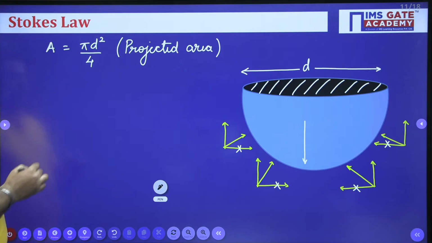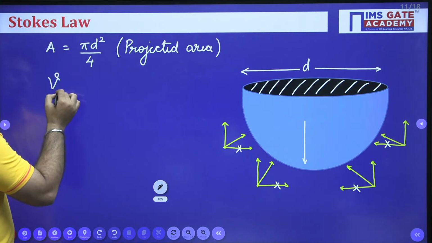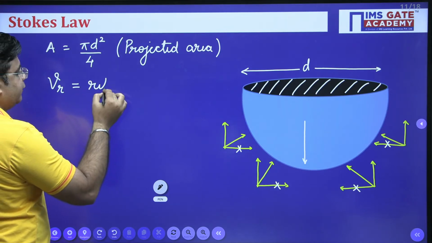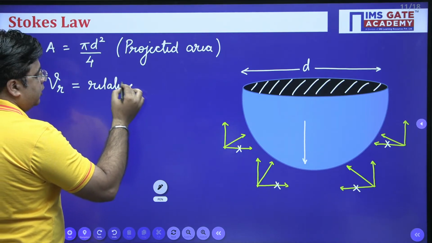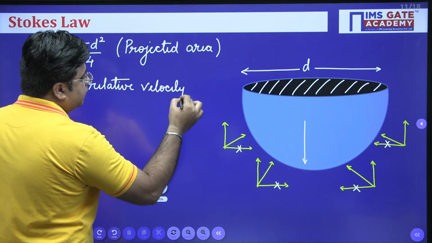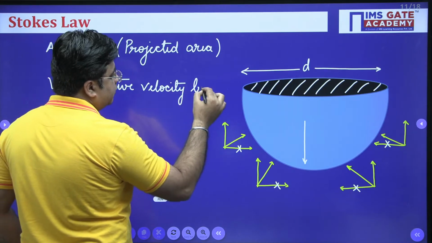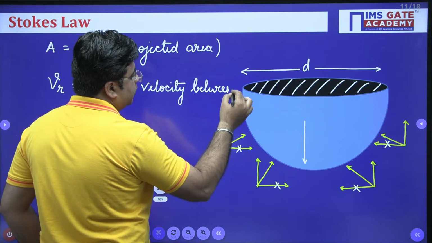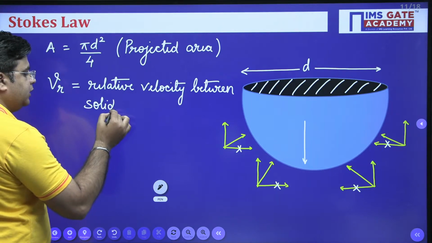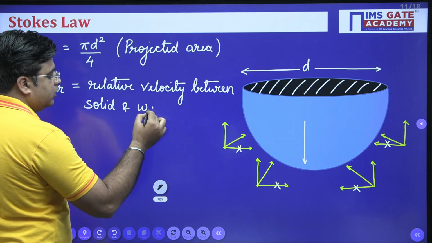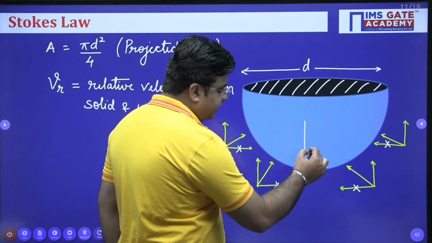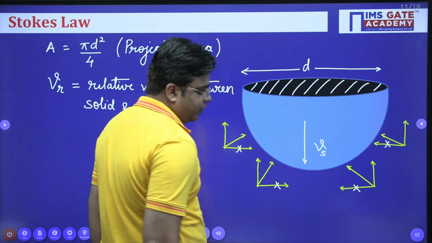Now Vr. Vr is the relative velocity between solid and water. Now this solid is moving with a constant velocity Vs, that is the settling velocity.